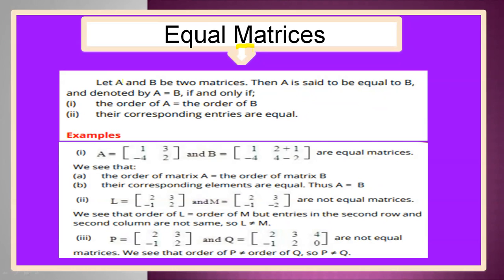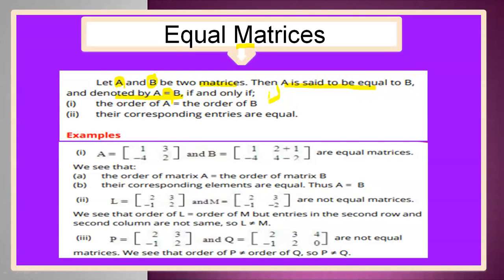So let's suppose I'm considering two matrices, A and B. The plural form is matrices. I can say A is said to be equal to B, and I can denote it by using the equal sign. How is it possible?